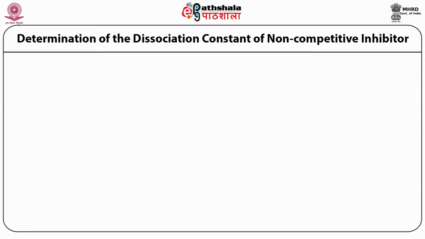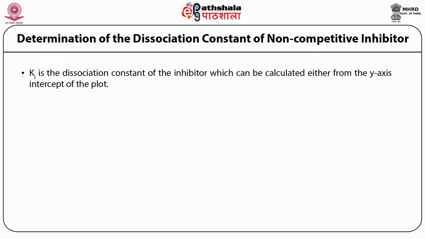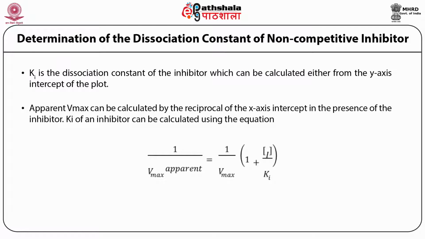Based on non-competitive inhibition, we can also derive the dissociation constant for a non-competitive inhibitor. What we are going to do here is perform two experiments, one in the presence of inhibitor, another in the absence of inhibitor, and the Ki dissociation constant can be calculated with the help of the equation where 1 by Vmax apparent is equal to 1 by Vmax multiplied by 1 plus I upon Ki.